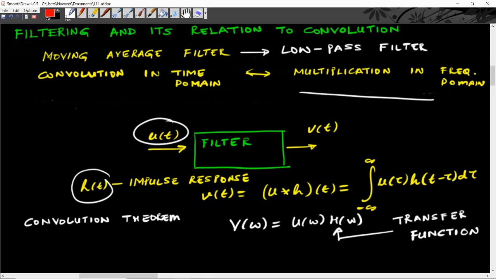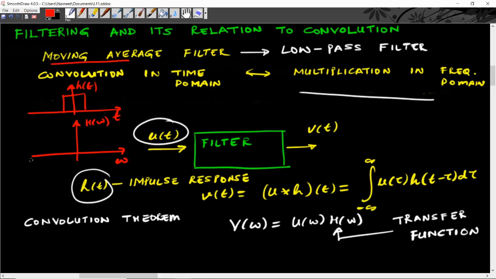So in our example of the moving average filter, we've already seen in the previous lecture that our function h of t, that is in time domain, is a rectangular pulse, and the corresponding Fourier transform h of omega is the sinc function.